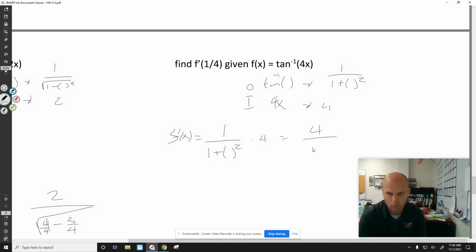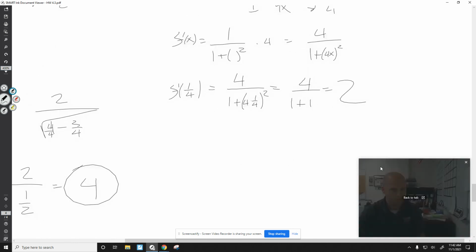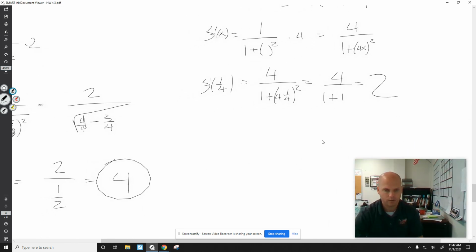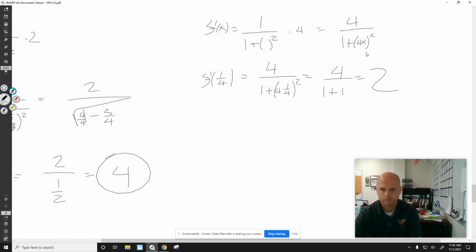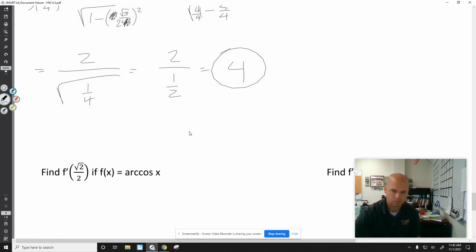This is 4 over 1 plus 4x squared. I'm trying to find f prime of 1 fourth. I'm not simplifying this yet. I have 4 over 1 plus 4 times 1 fourth, which is just 1. 1 squared is just 1. I have 4 divided by 2. That's 2. That's my answer. I can show you a different way to get that, but I don't want to confuse you. This is the simplest one.